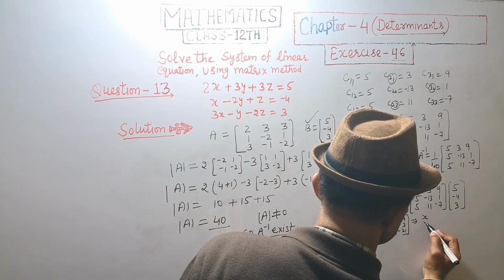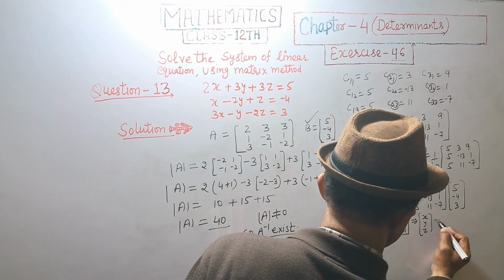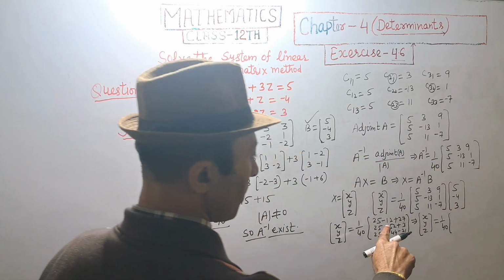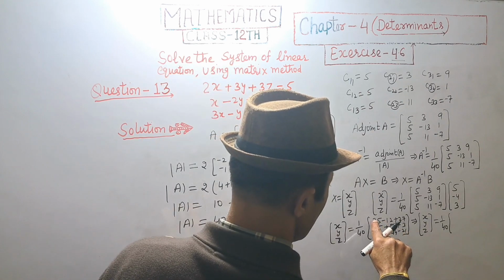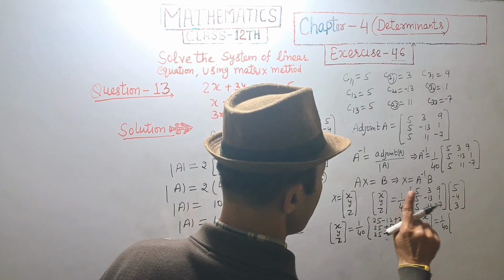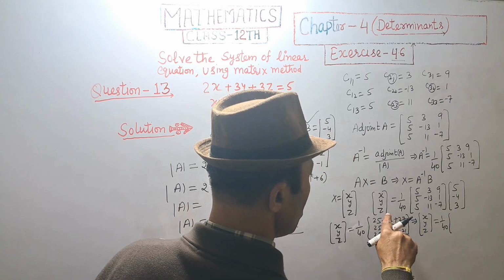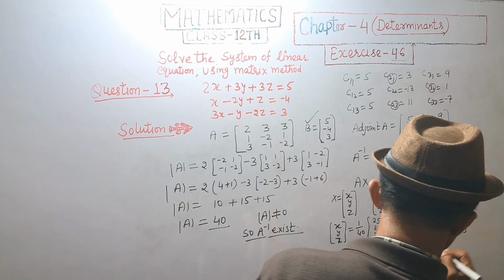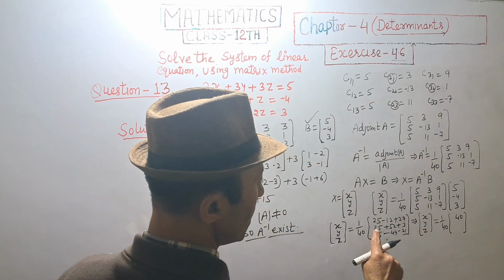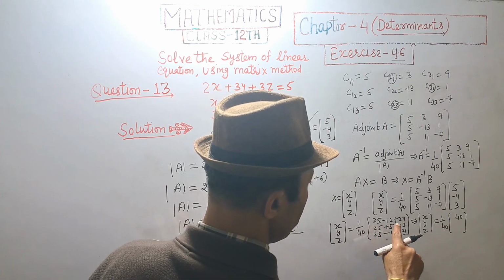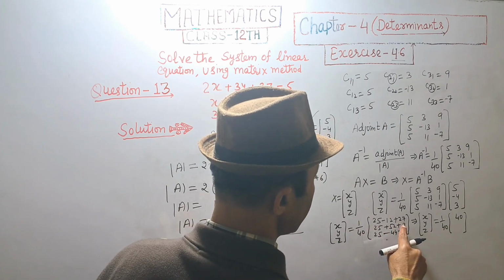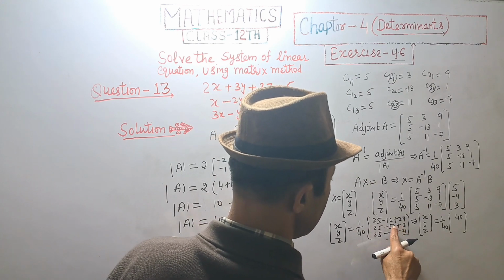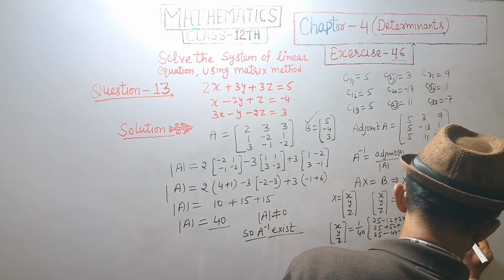This implies x, y, z is equal to 1 upon 40, 25 plus 27, 52, 52 minus 12, that is equal to 40. And 25 plus 3 is 28, 28 plus 2, that is 30, 30 plus 50 is 80.